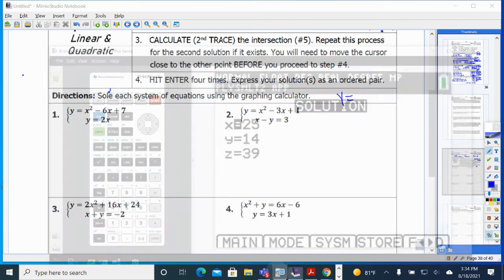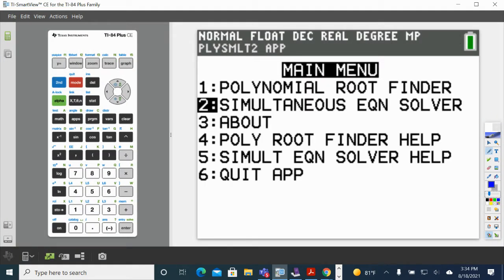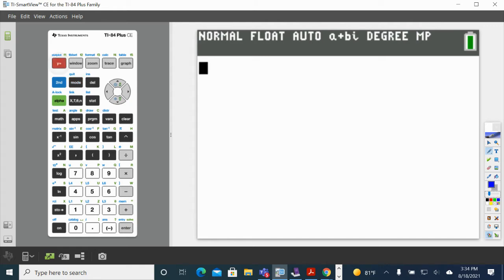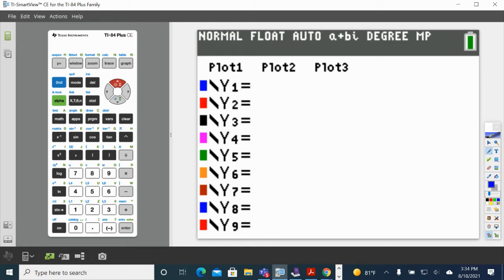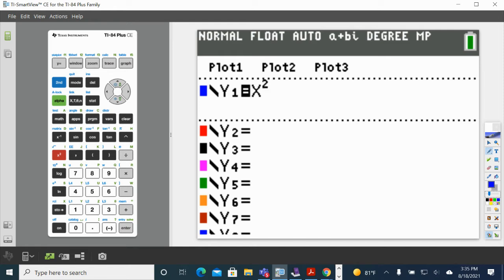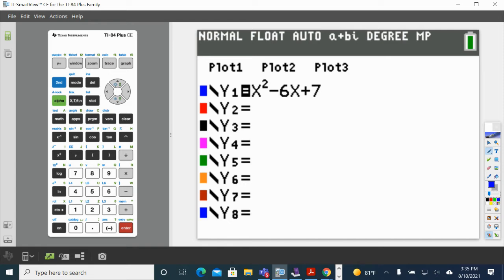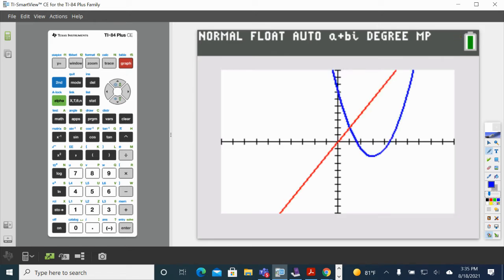So I'm going to go to my calculator, go to y equal, clear the stuff that I have and put both equations in here. In y1, I'm going to put x squared minus 6x plus 7. In y2, I'm going to put 2x. Now we need to hit graph and look at the graph.